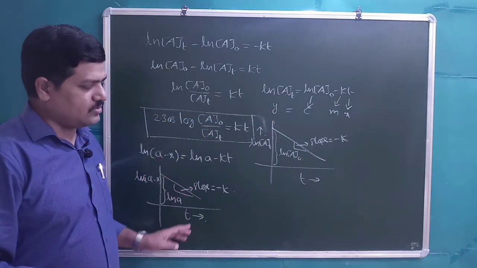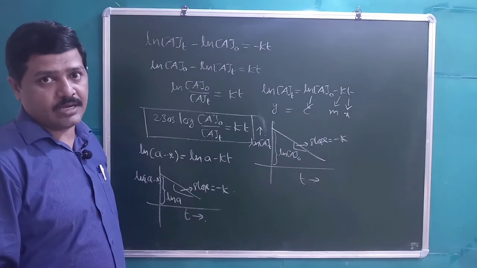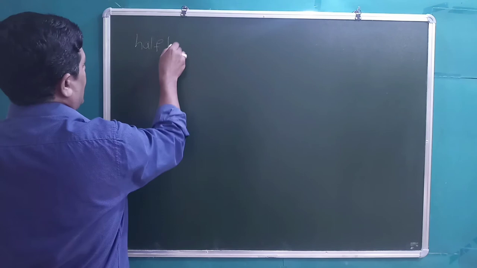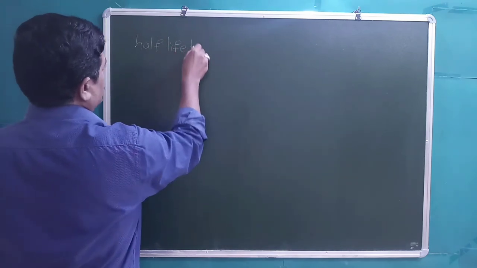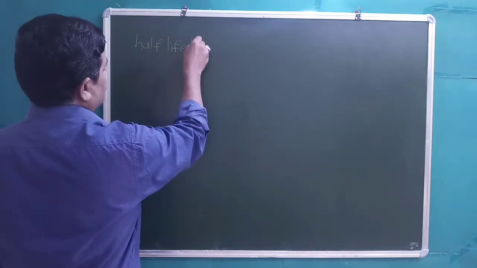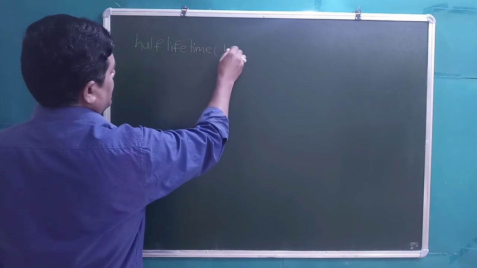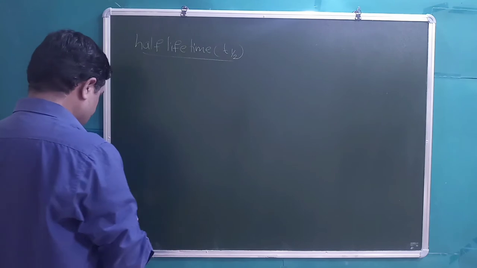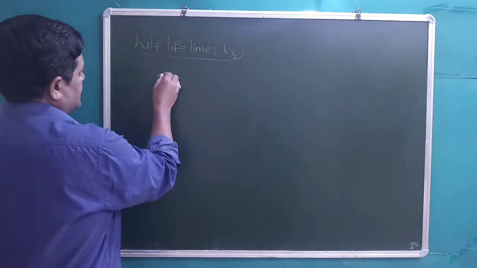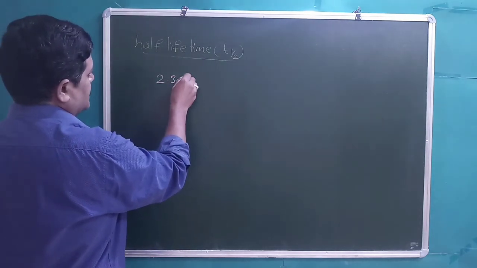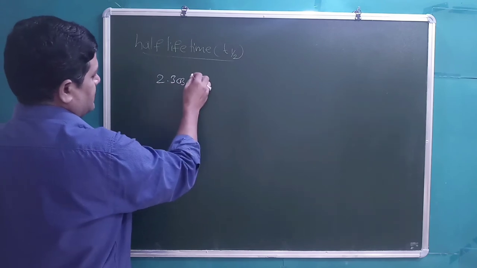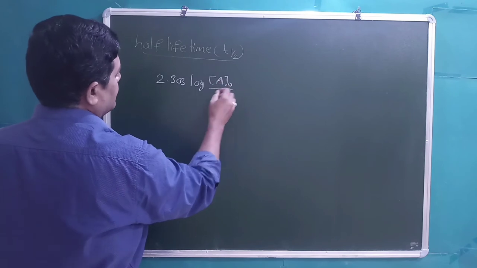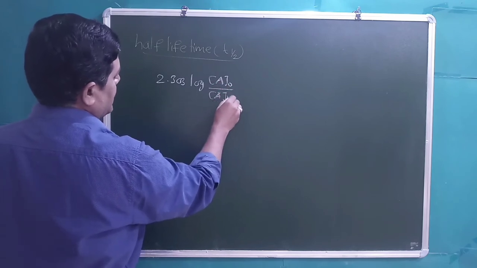Students, now let us derive the t half. Half-life is the time required for 50% of the reaction to complete, indicated as t half. The first order integrated rate equation is 2.303 log A naught by At is equal to kt.